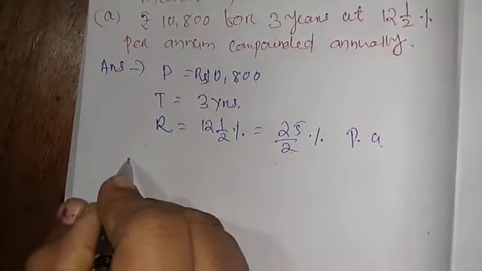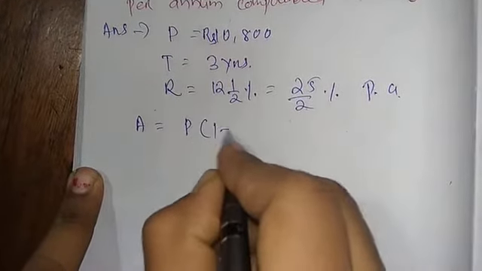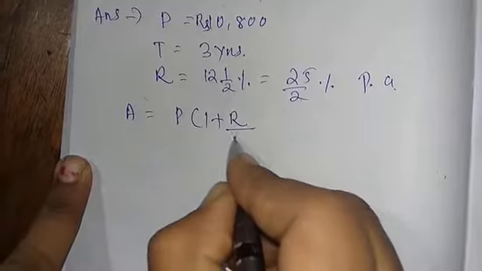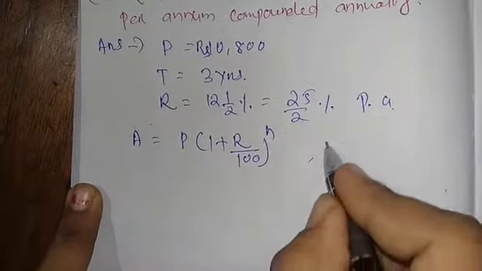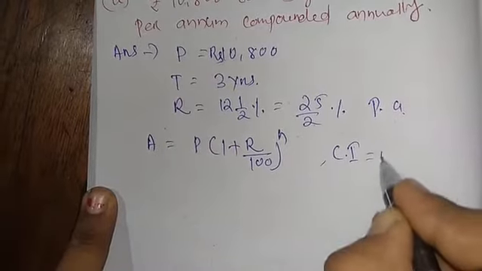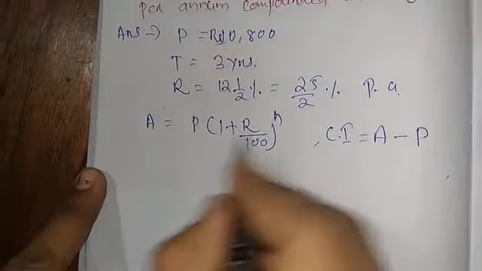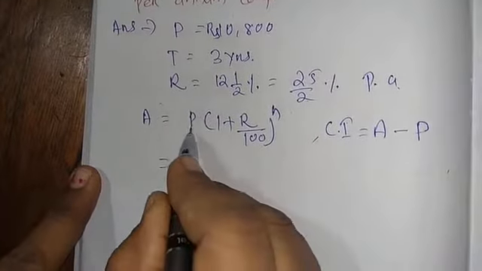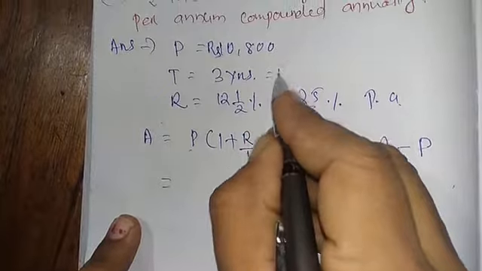So we know that the amount formula is principal into 1 plus r by 100 to the power n, and compound interest CI equals amount minus principal. Here we put the value of P, R and N. Here N means 3 years.